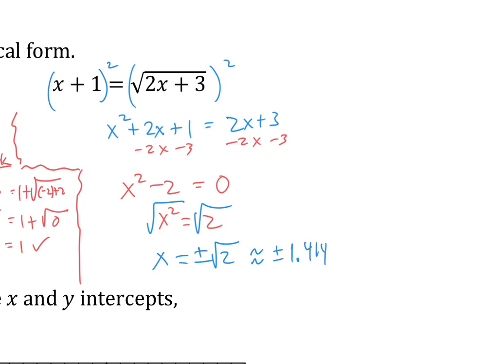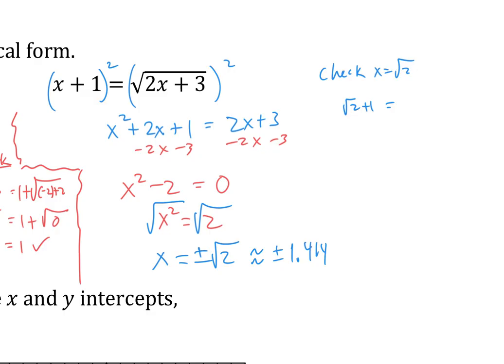So probably the easiest way to test this out is if you go to your calculator and let's check x equals positive the square root of 2, and that's going to give us, so we plug in the square root of 2 plus 1.